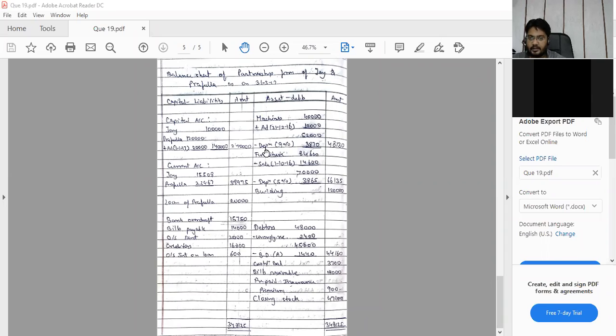Then building is given. Come to the asset side, write building. In the outer column no adjustment, 1,20,000. Then current year's depreciation on building is given.